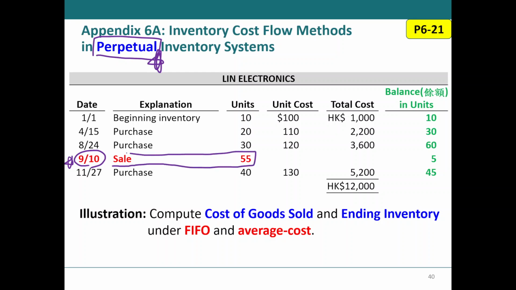On this date, we sold 55 units. So on this date, how many inventory do we have?